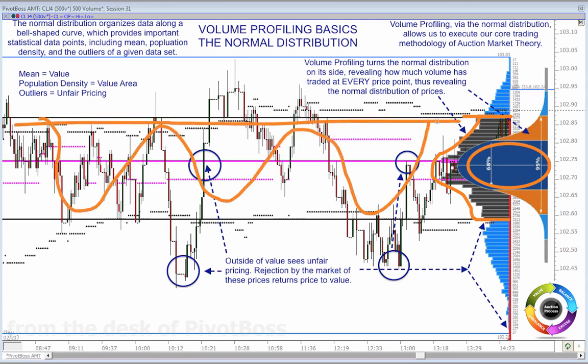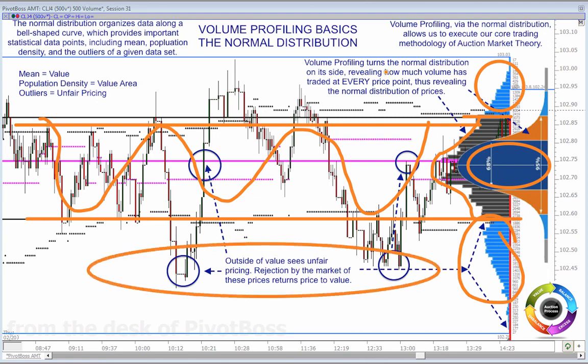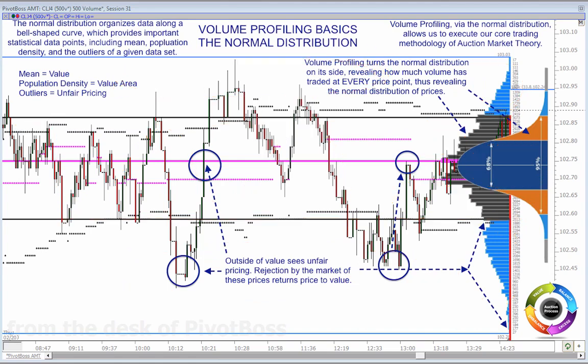Everything beyond that zone is price rejection. Right here, that's rejection. So as you recall, auction market theory asks us to trade at points of rejection and carry price back toward acceptance. So that's what we're doing. We're trading from rejection to acceptance.